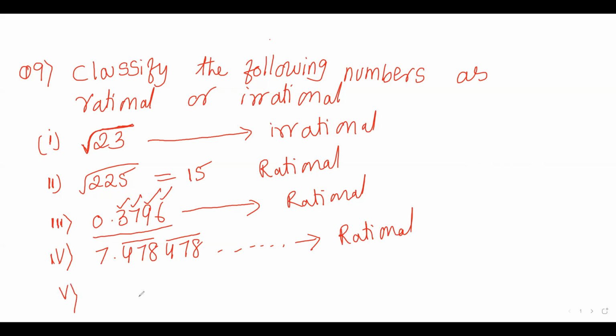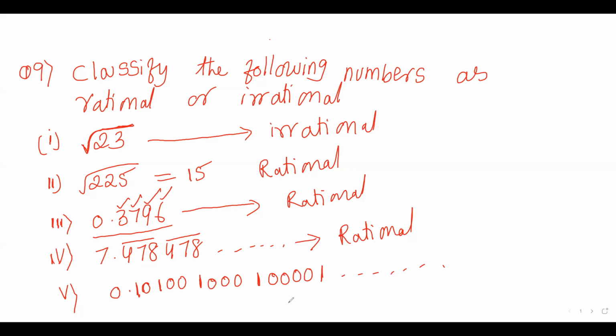And the last bit is 0.10100... with one zero, two zeros, and so on, up to 13 zeros, 14 zeros, 1. What type of decimal is it? It is a non-terminating, non-repeating decimal. It is not following any pattern. It is not ending.